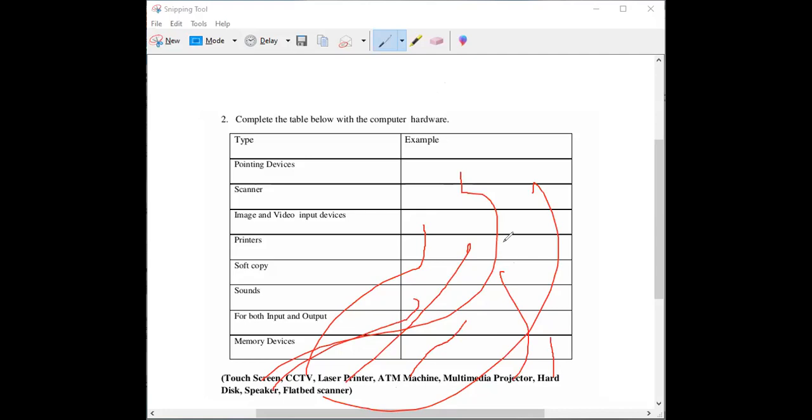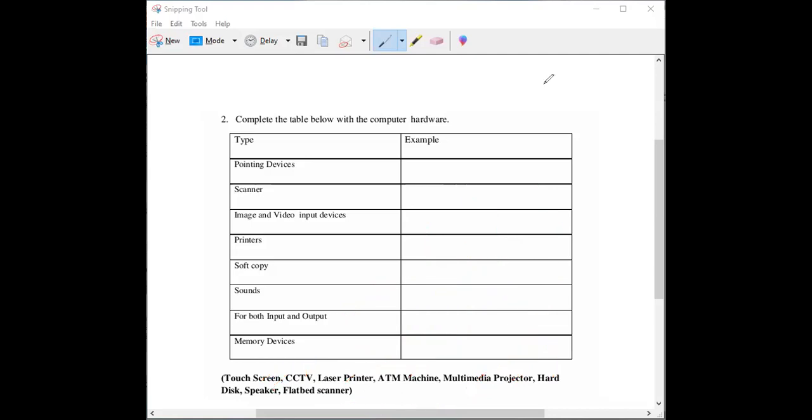Yes, touch screen also we can put. Here, I think you don't get it. Yes, ATM is the remaining one. So you can use ATM as an input device also, but as long as you have the screens and all that to see your details, we can take it as an input output device.